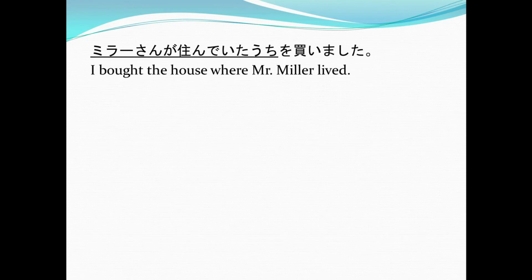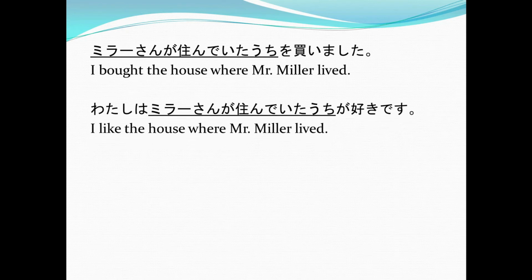Or the speaker is trying to say that I bought the house where Mr. Miller lived. Again, the underlined part is the noun modifier. Now, next example, using the same noun modifier, watashi wa Mira san ga sunde ita uchi ga suki desu. Or I like the house where Mr. Miller lived.